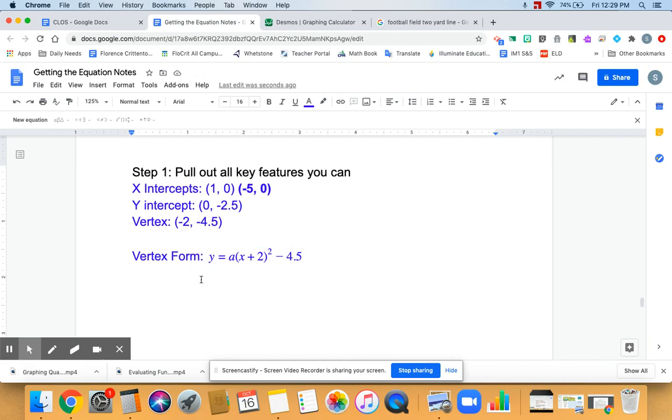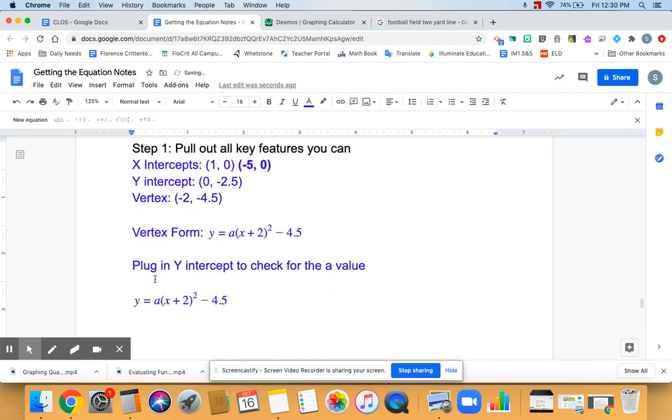And so to do that, why don't I plug in the y-intercept this time? So I'm going to plug in the y-intercept to check for an a value. So the y-intercept says that when x is 0, y should be -2.5.